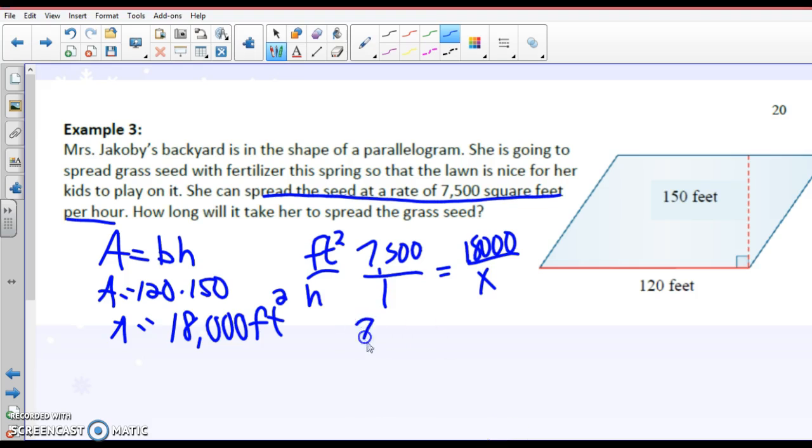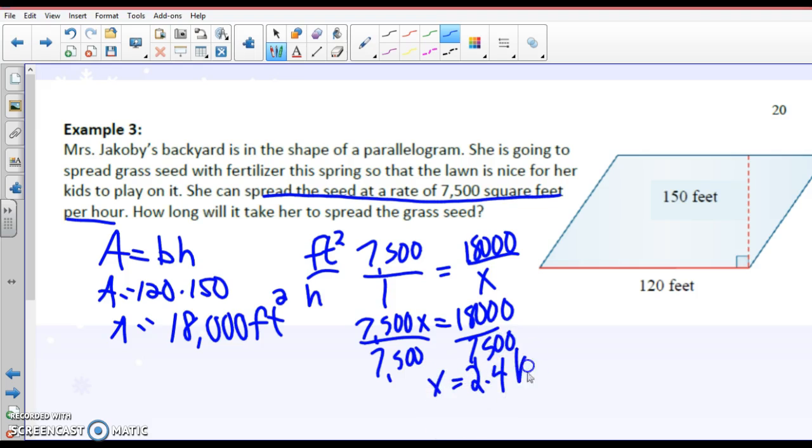Cross multiply, 7,500x equals 18,000. Divide by 7,500. And I will get x is 2.4 hours. 2.4 hours.